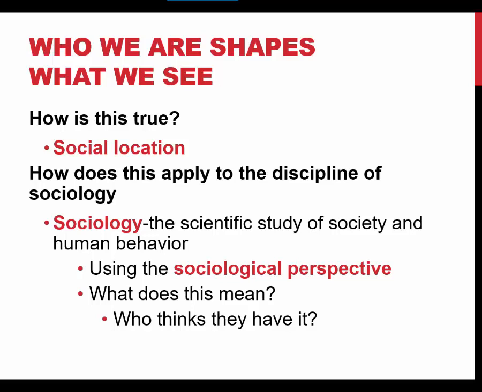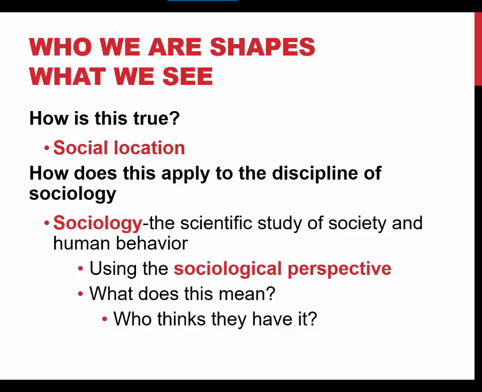And for some scenarios, our social location definitely can influence what we see, what we notice, what we don't see, what we don't notice in a scenario. And given the fact that all of us can have very unique and differentiated social locations, this can be really impactful when trying to understand what is going on in the social world.